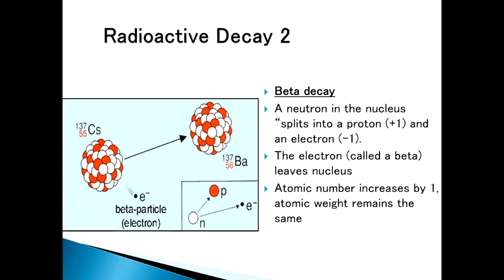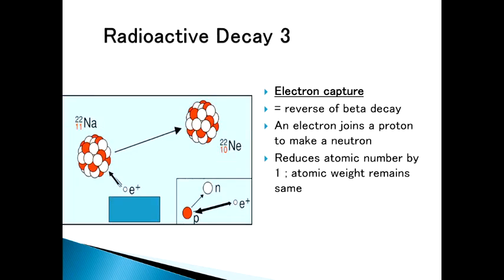Well, sometimes spontaneously a neutron will split into its component parts. The electron flies away, it's gone, and the proton stays behind. So what happens then is that the atomic number will go up by 1, but we really don't change the atomic weight at all, because the proton and neutron weigh essentially the same thing. That's because electrons weigh so little.